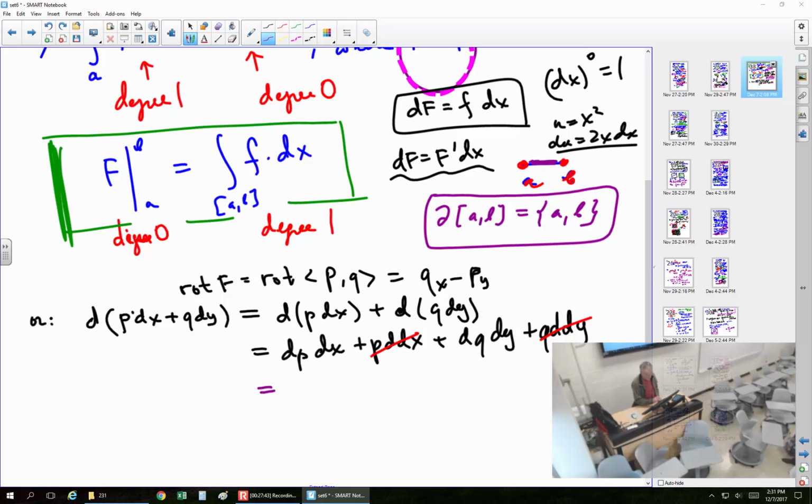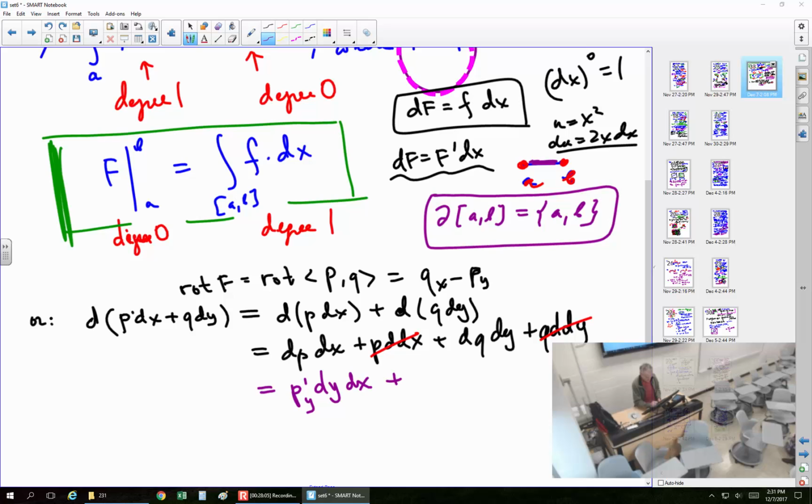So this is what I have: p prime y dy dx. We're differentiating p with respect to y, and then we differentiate q with respect to x.